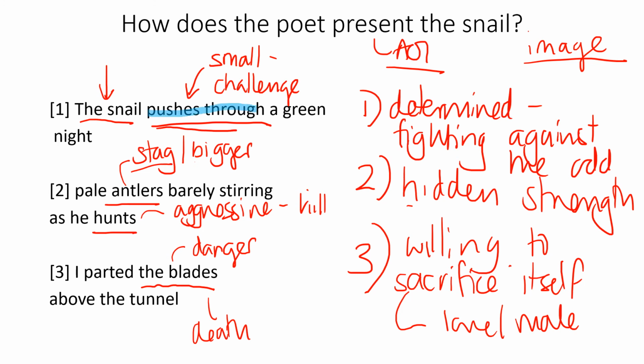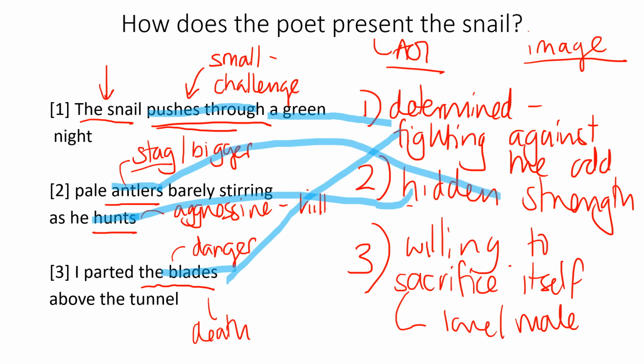But we can also link that to the blades of the tunnel, so the grass, this idea of the dangerous environment. We talked about the hidden strength, and the idea the verb hunts is not a word that we associate with snails. And so we can see that has that hidden strength. And this idea of the antlers, willing to defend itself. And as we talked about this willing to sacrifice itself, we've got those ideas there.